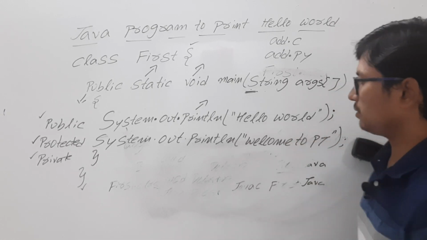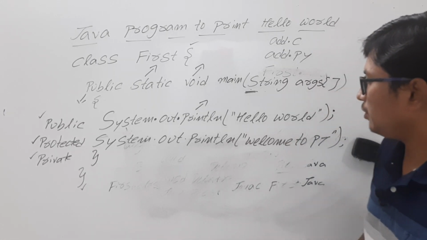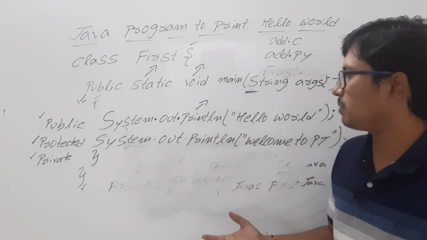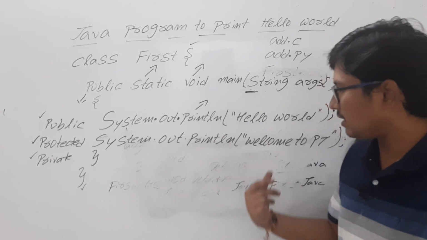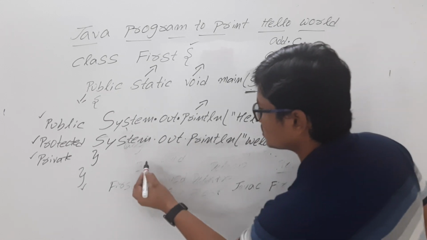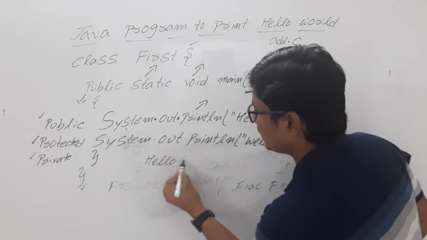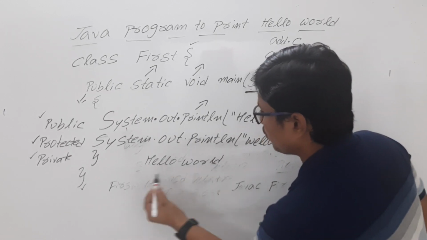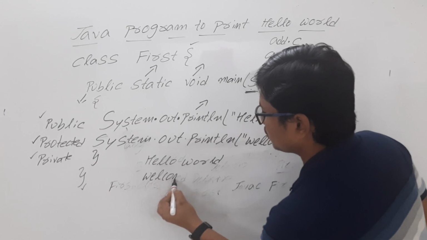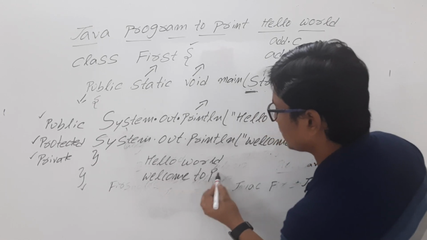If you do this modification, save the program, compile it again and run it, you will get the output as Hello World in one line and then welcome to Parnika Tutorials in another line.